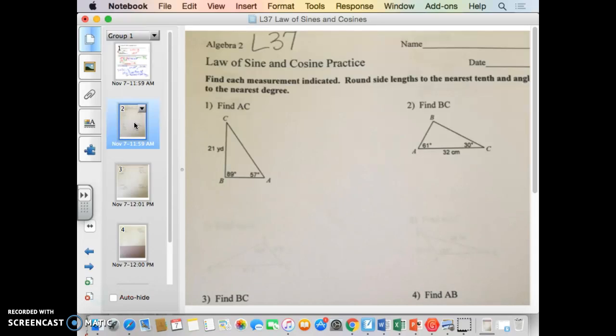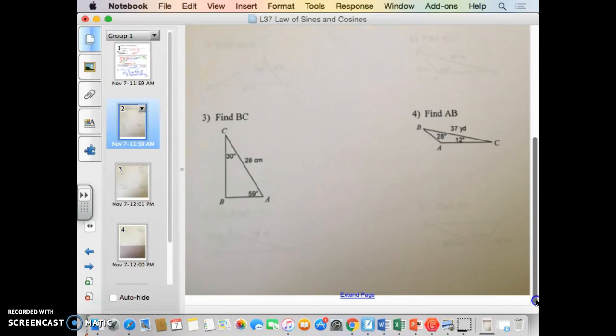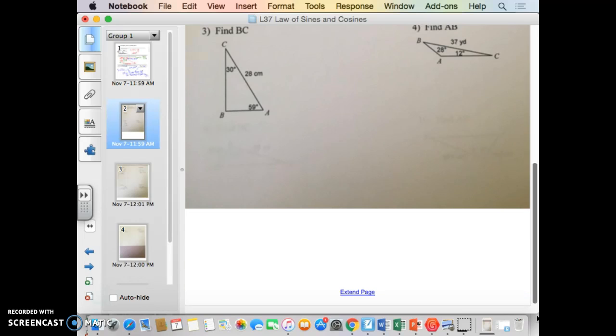We use a 30, 60, 90, or 45, 45, 90 if you have special right triangles. Law of sine and law of cosine is used to find missing angles and sides if it's not a 90-degree angle. And some person, probably a man, very long ago, found this pattern in life and decided it was important for you to know.